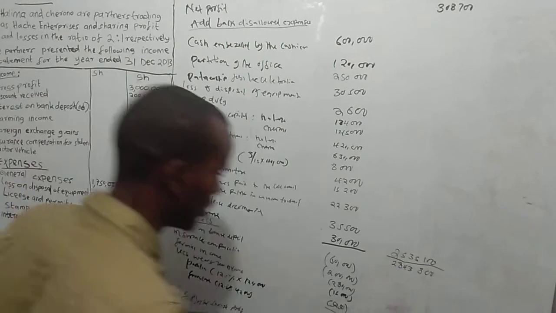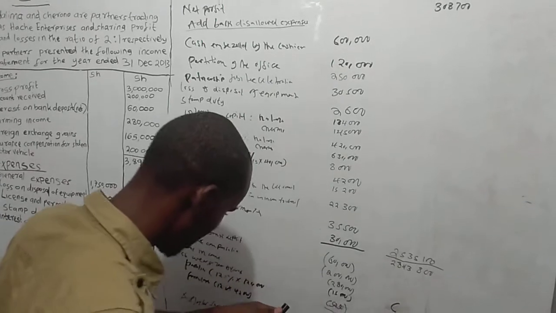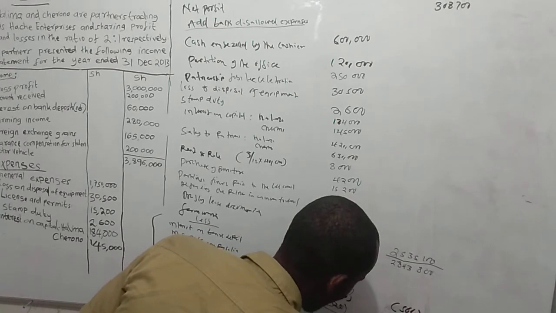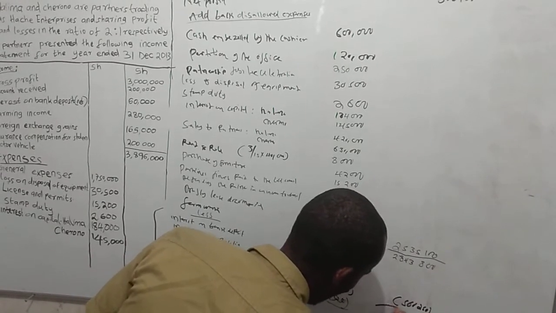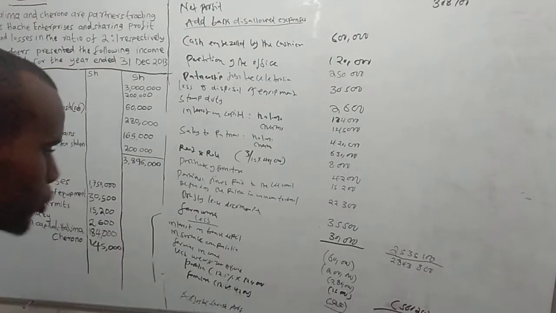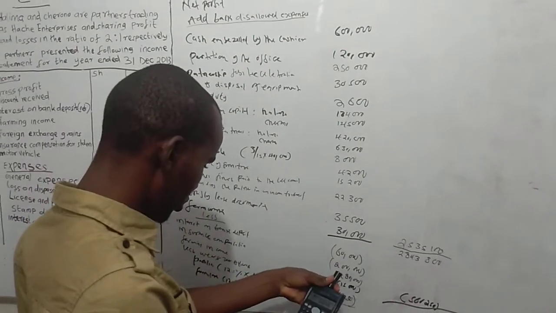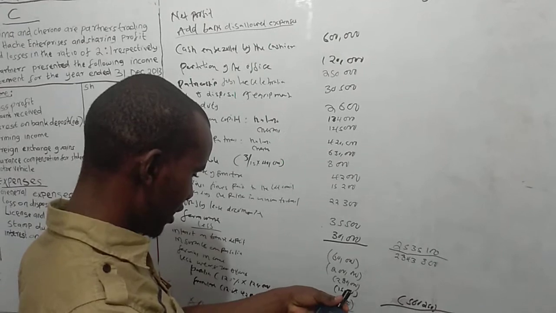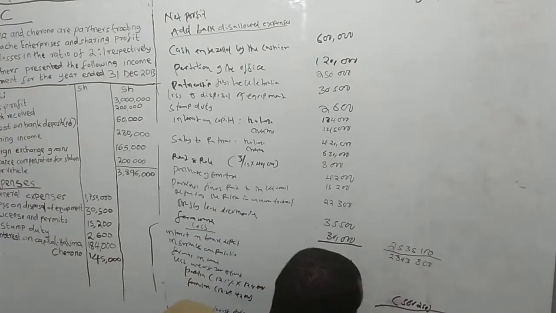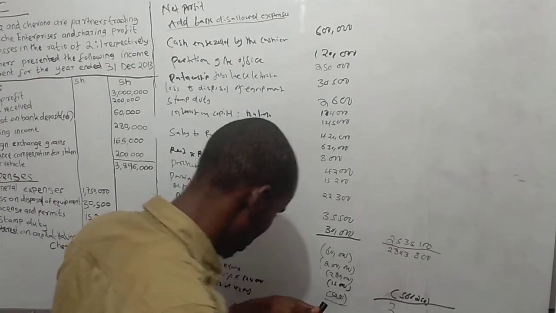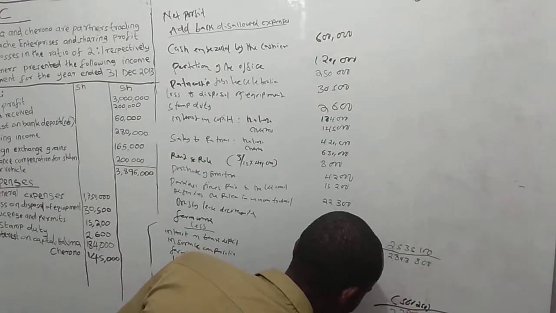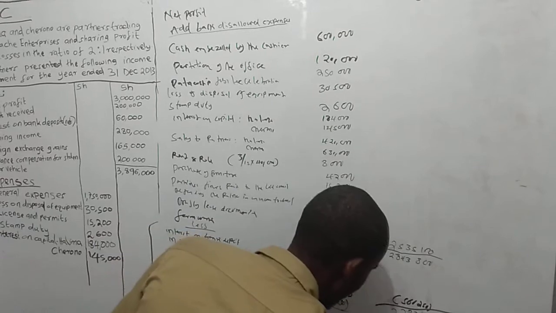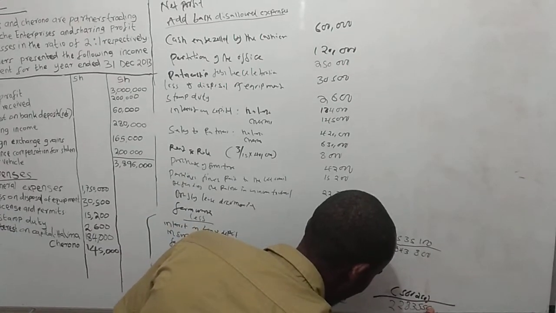I'm getting here 560,250. Now if we less, our adjusted taxable profit is going to be 2,843,800 minus the answer. I'm getting 2,283,550.